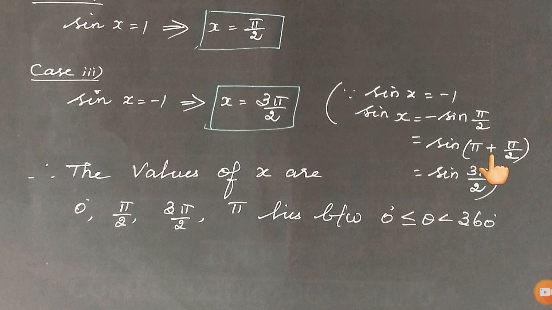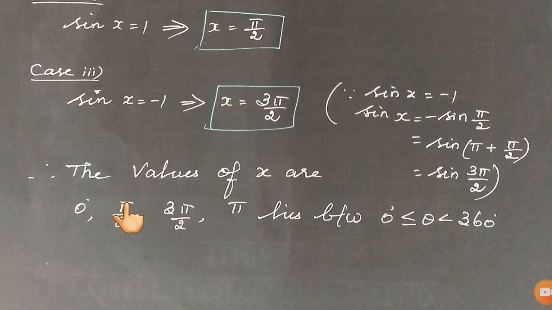So we can use this formula. Substitute π by 2 for theta: 2 into π is 2π, 2π plus π is 3π, so we have sin 3π by 2. Therefore, comparing sin x is equal to sin 3π by 2, we have x is equal to 3π by 2. So we can write the value of x straight away like this, or using the identities you can obtain the value of x as 3π by 2.